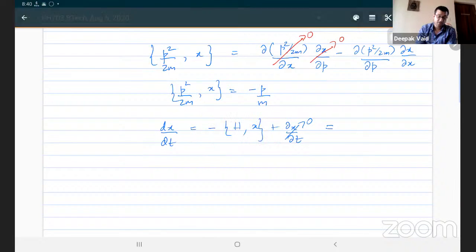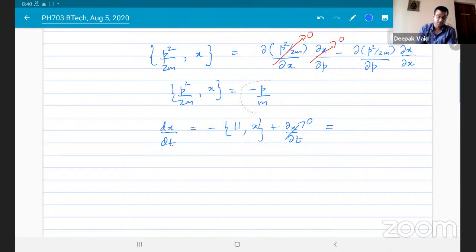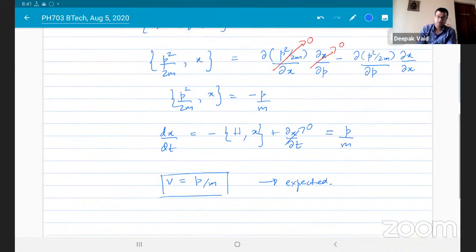And what is this commutator? This commutator is p by m. So finally, we have this relationship, v is equal to p by m. But this is expected. We know this already in classical mechanics. The velocity of a particle is just the momentum divided by the mass, or the momentum is the mass times velocity. No surprise here.